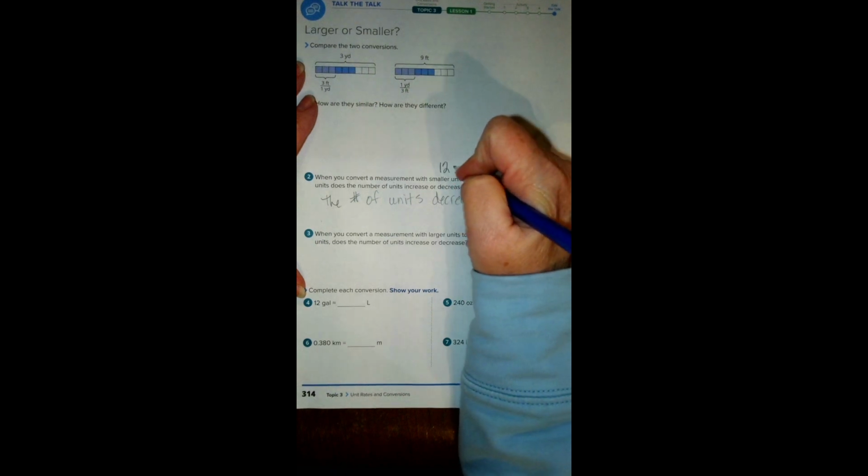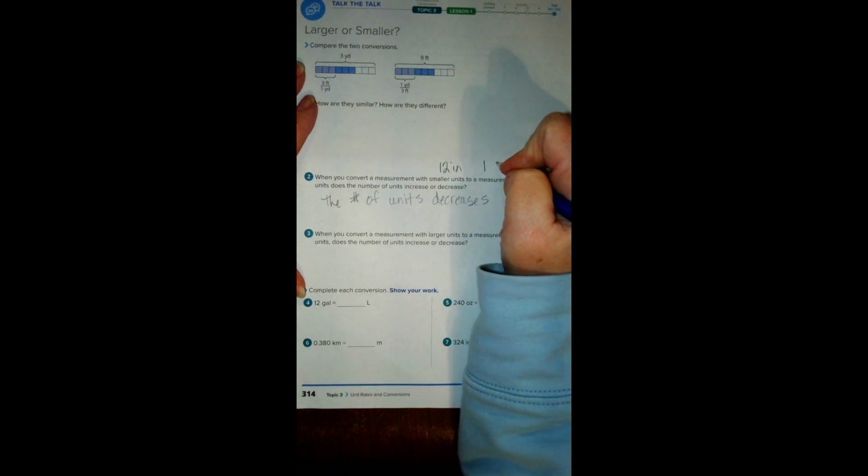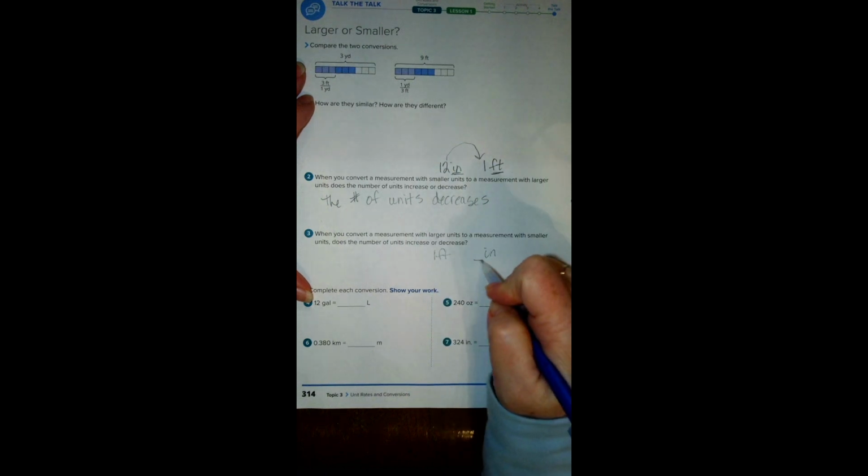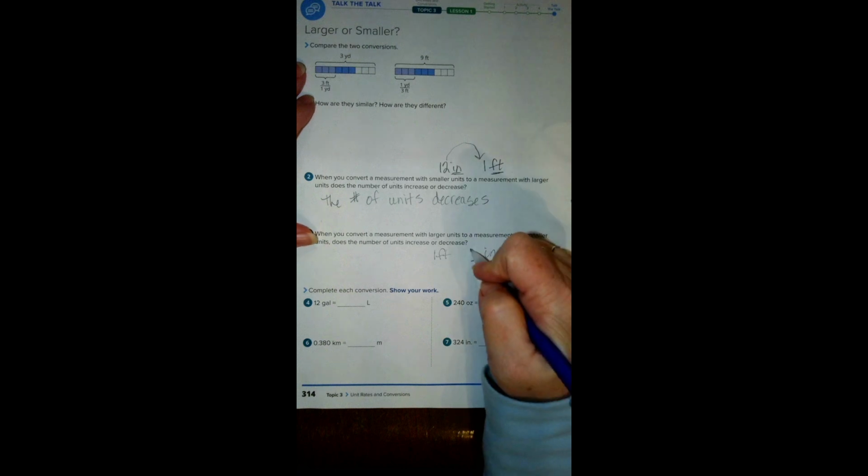So for example, if we have 12 inches and 1 foot, we're going from a smaller unit to a larger unit, the number of units decreases. So when we go from a larger unit, like 1 foot, to a smaller unit, like inches, the number of units increases.